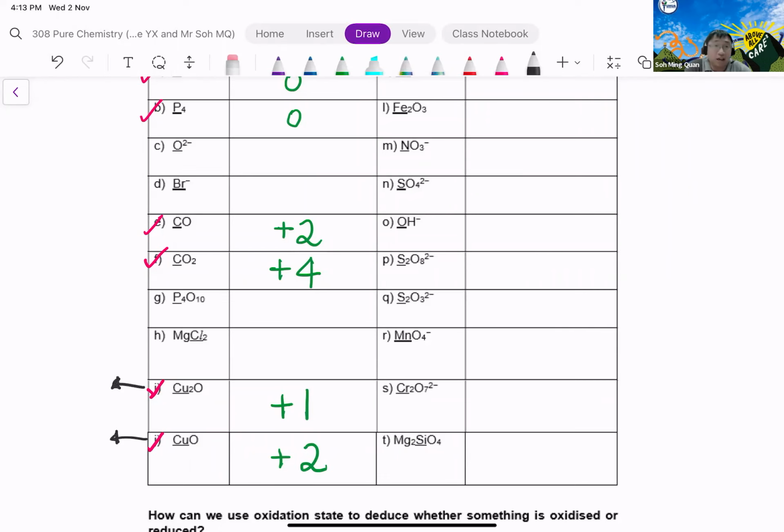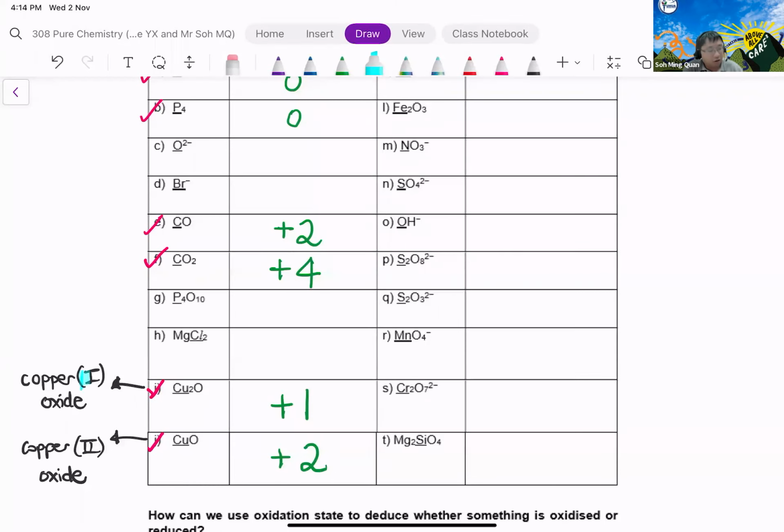You can see that these two compounds of copper don't have the same oxidation state for copper. So I is called copper 1 oxide. J is called copper 2 oxide.